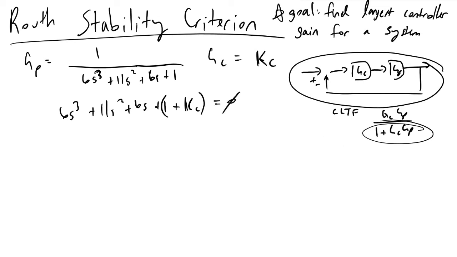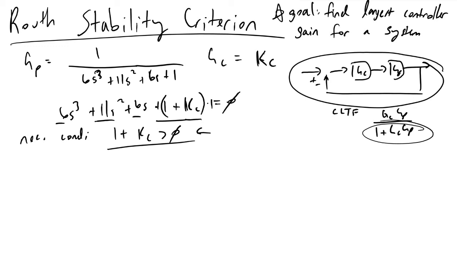This we set to 0, and we can now look at the first condition of the Routh Stability Criterion, which is the necessary condition. The necessary condition simply tells us that we need to make sure that every coefficient in front of all of these terms is positive. So 6 is a positive number, 11, 6, and 1 plus Kc. So the first thing we'll recognize is that 1 plus Kc must be greater than 0.